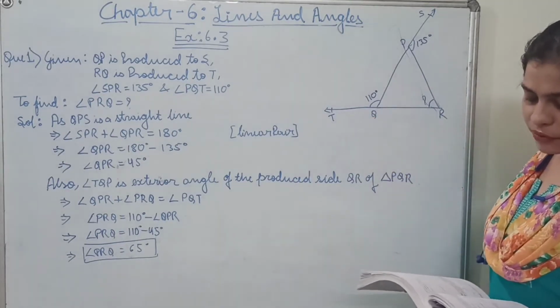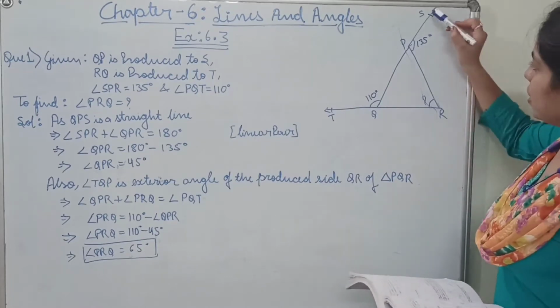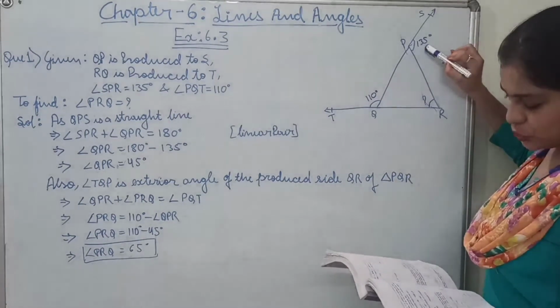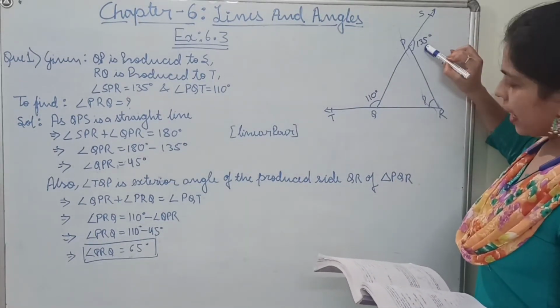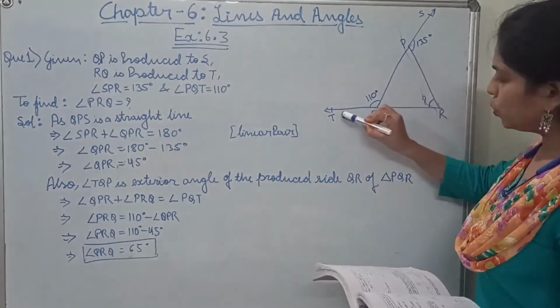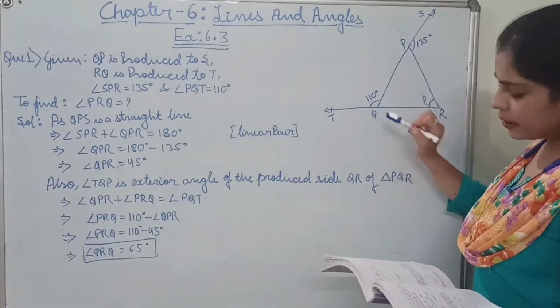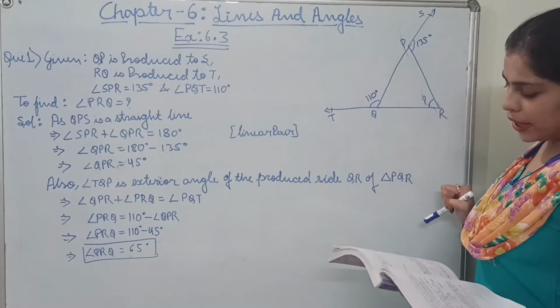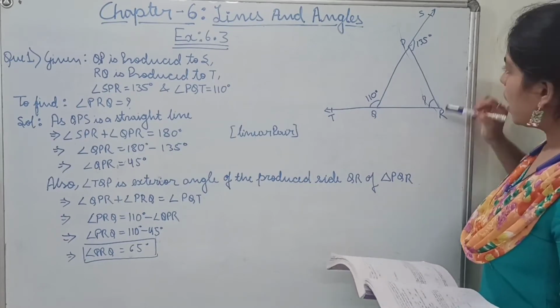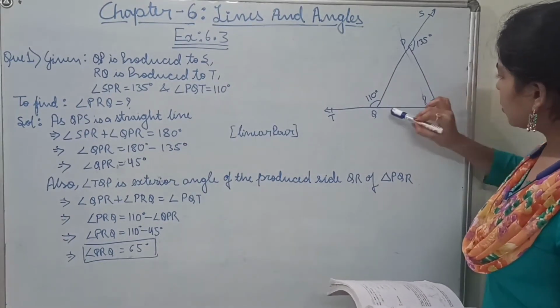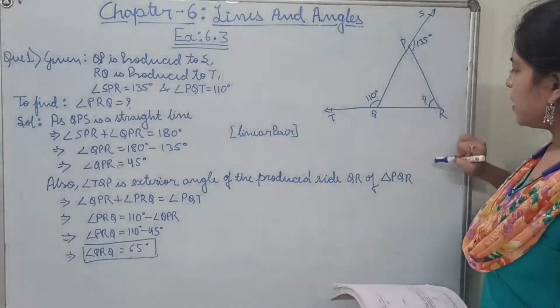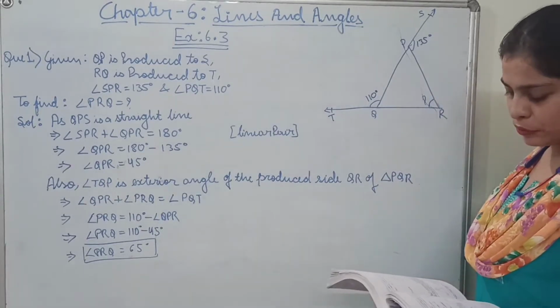If angle SPR is 135 degrees and angle PQT is 110 degrees, then find angle PRQ. This is the angle PRQ, and this angle we have to find.